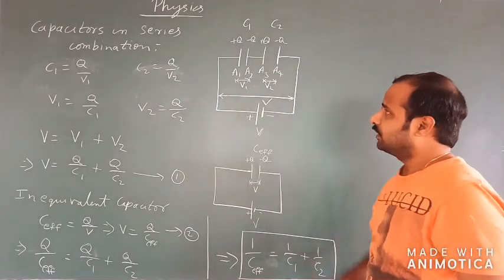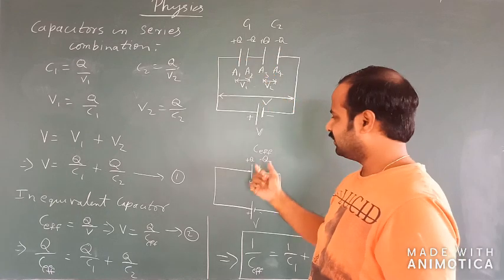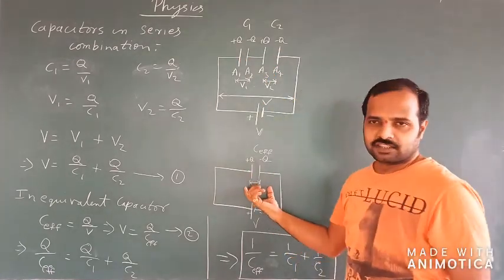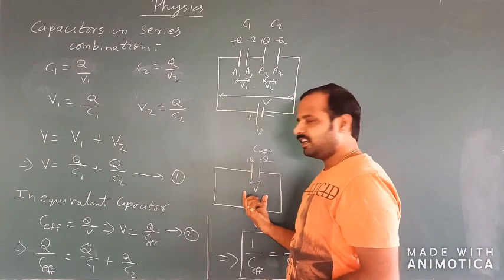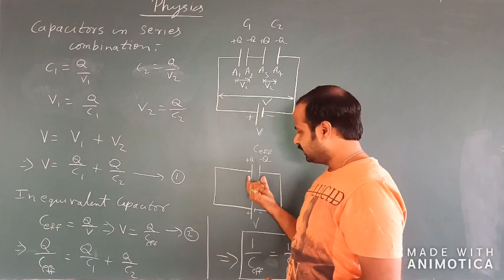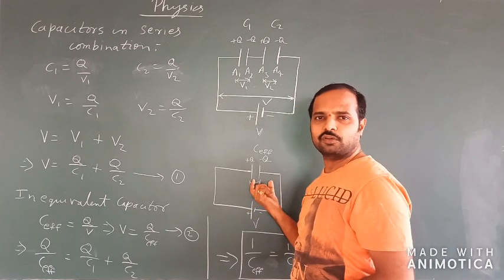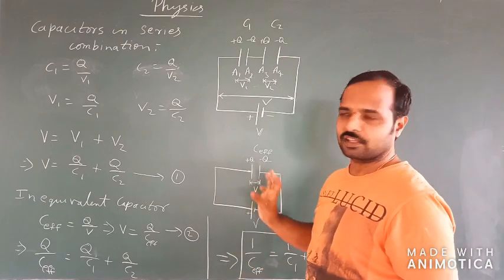Now we are going to replace the two capacitors in series with the equivalent capacitor, which is going to store the same amount of charge at the same applied potential difference. So for the same potential difference applied, this capacitor will store the same amount of charge as these two capacitors store.